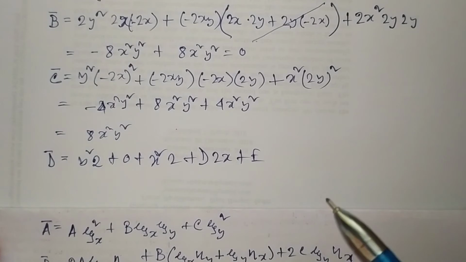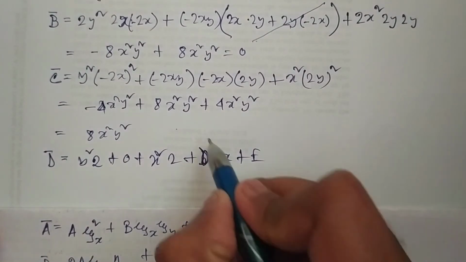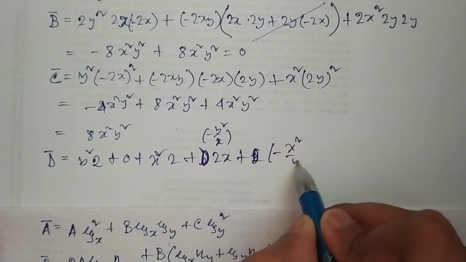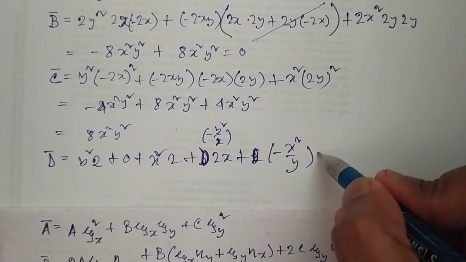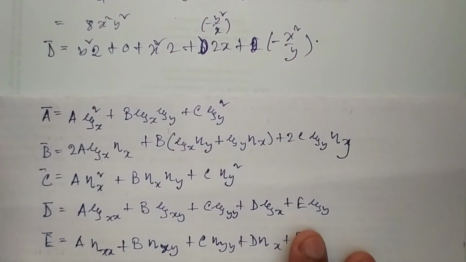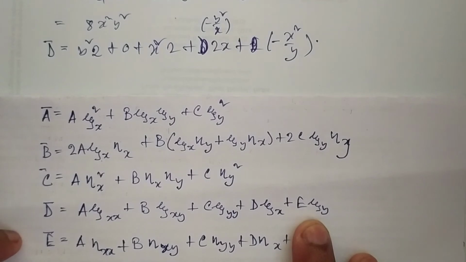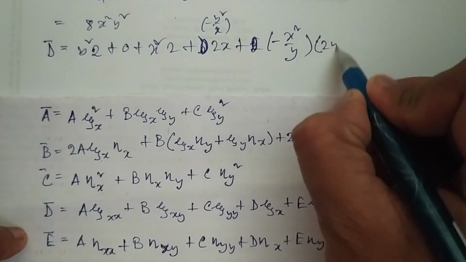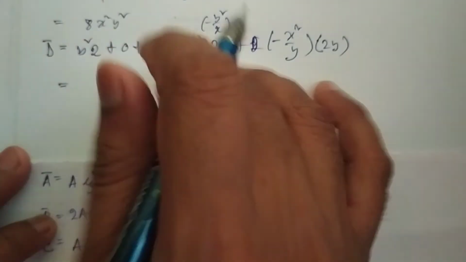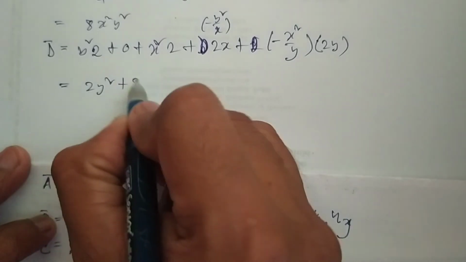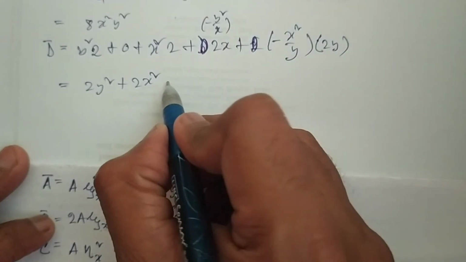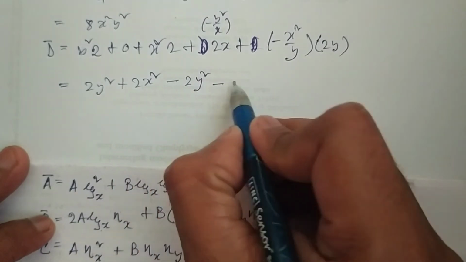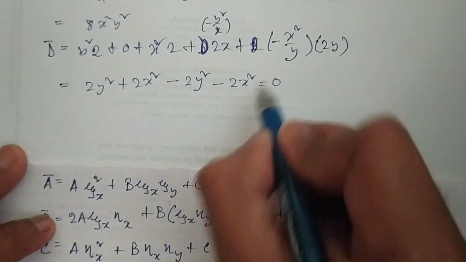D is minus y square by x, so there is minus y square by x, and e is minus x square by y, and this will be multiplied by eta y, so this is 2y, so ultimately we have 2y square plus 2x square and minus 2y square minus 2x square, and this is equal to 0.